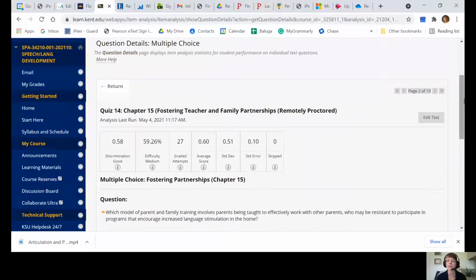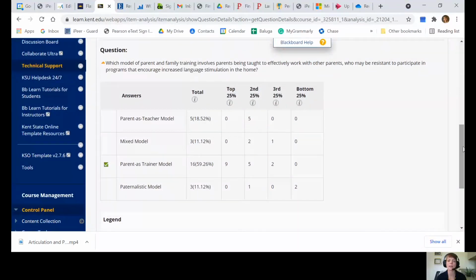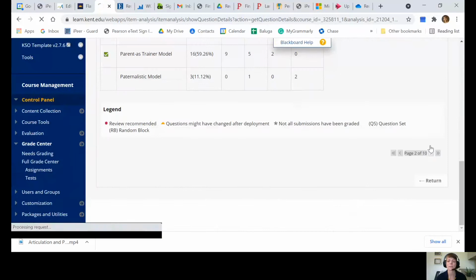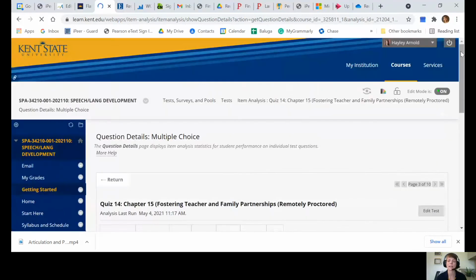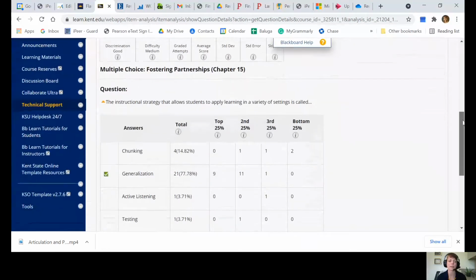This one is, which model of parent and family training involves parents being taught to effectively work with other parents who may be resistant to participate in programs that encourage increased language stimulation in the home? And the answer to that was parent as trainer model. So there the parent is not just using strategies at home, but they're actually teaching other parents how to use them, parent as trainer.